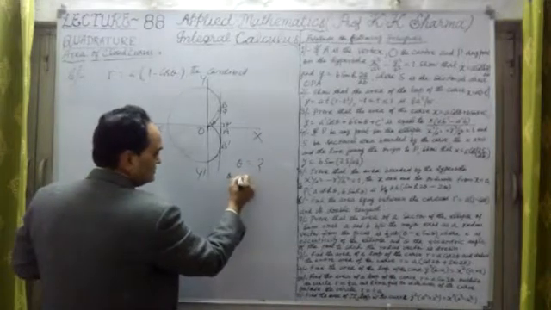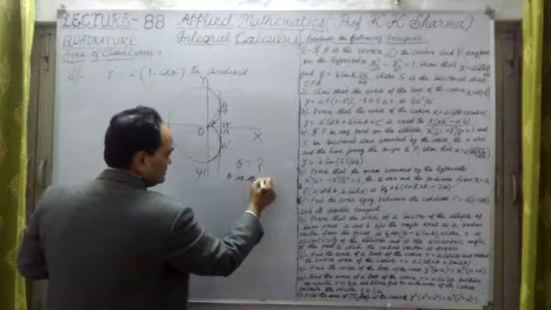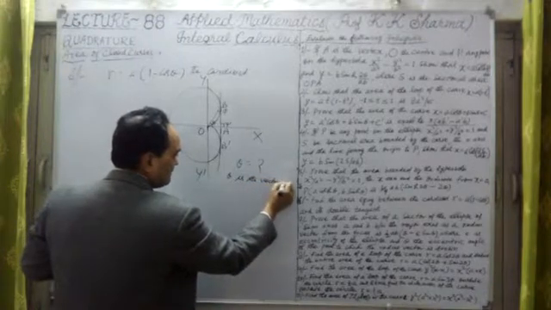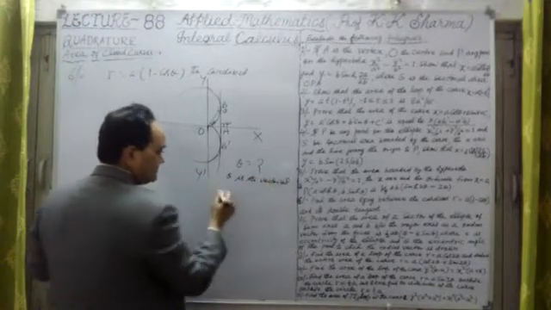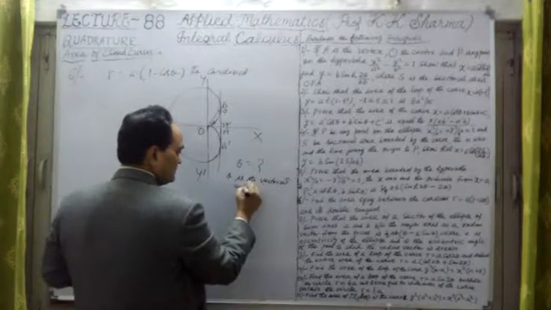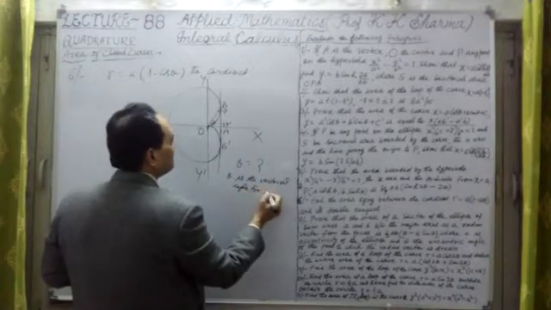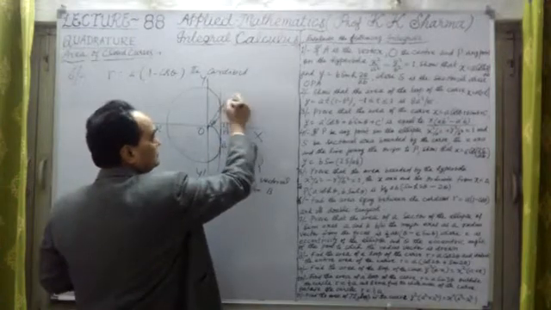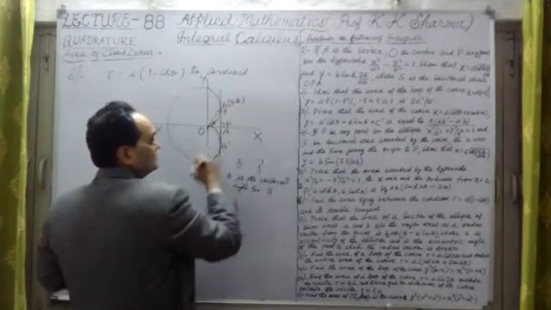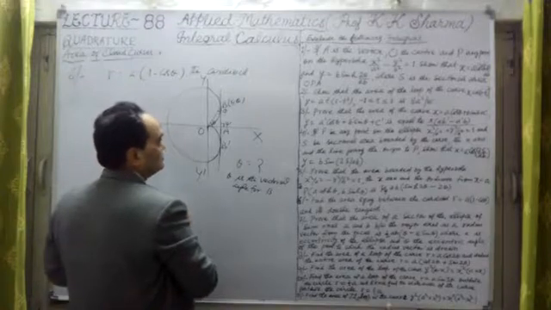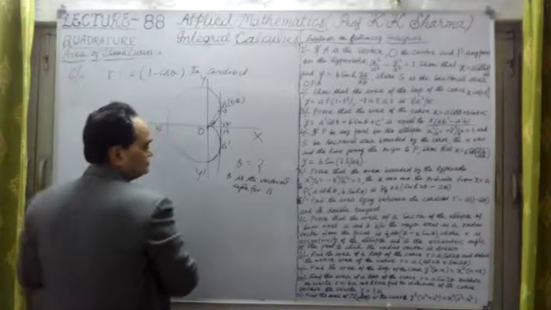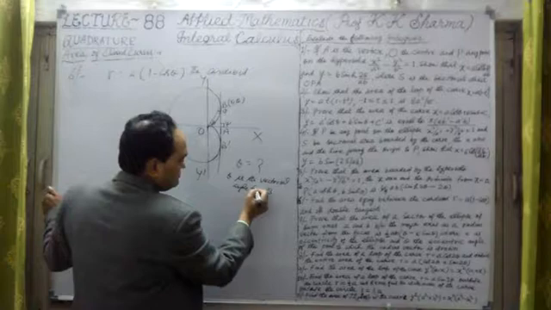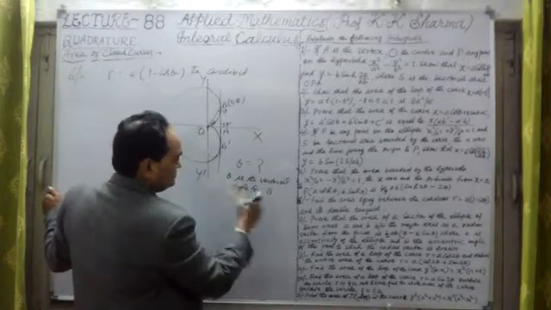Theta is the vectorial angle for B. This is r theta. For r theta, what is the value of r? What is the value of theta? That we have to find out.